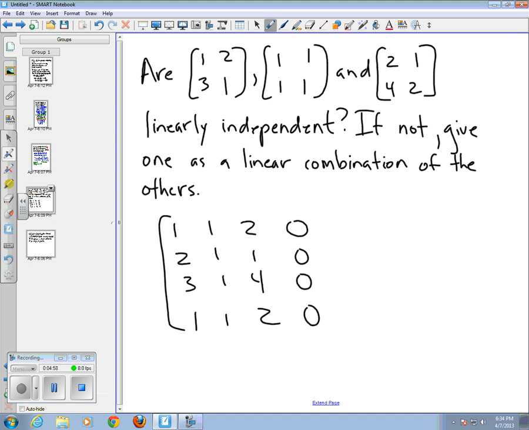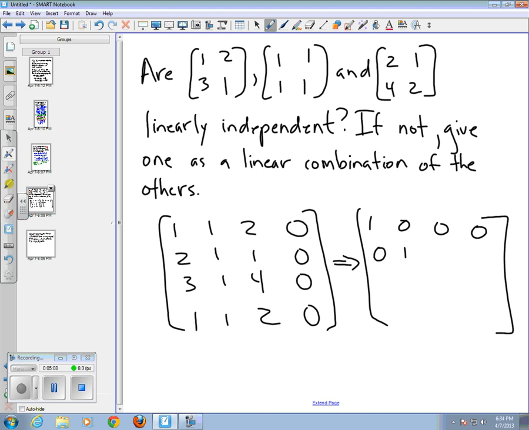Okay, and when you row reduce this, what we get is 1, 0, 0, 0, 0, 1, 0, 0, 0, 0, 1, 0, and 0, 0, 0, 0.